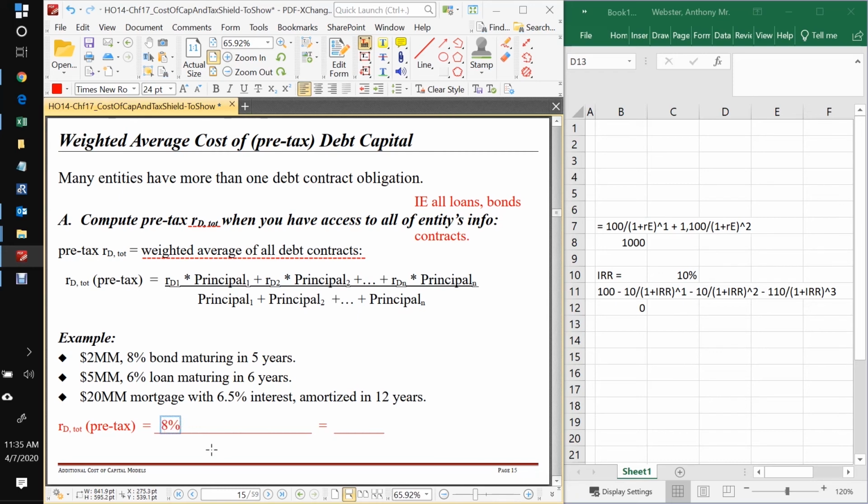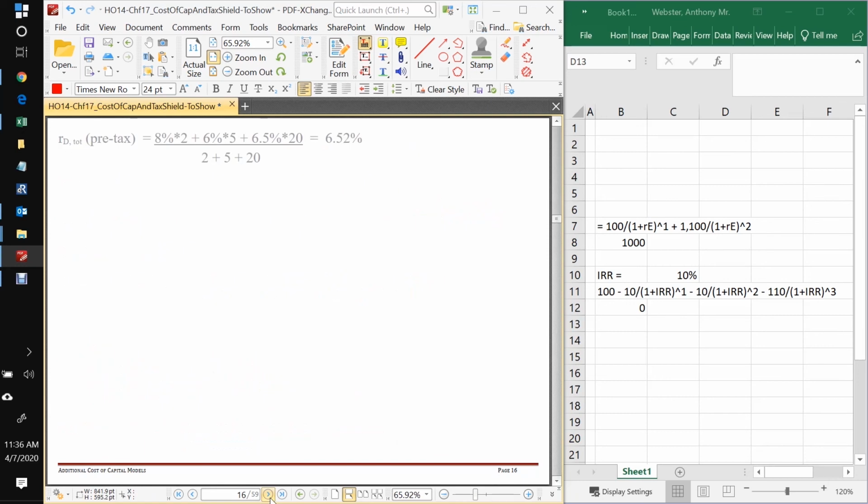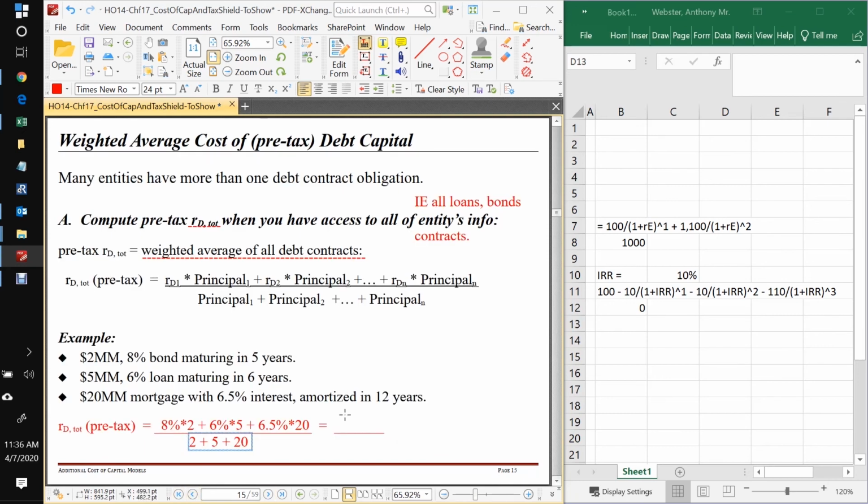That's going to be 8% times 2 plus 6% times 5 plus 6.5% times 20, over the total amount of debt, which is 2 plus 5 plus 20. I'll leave you to work that out, but I got 6.52%, and you should too.